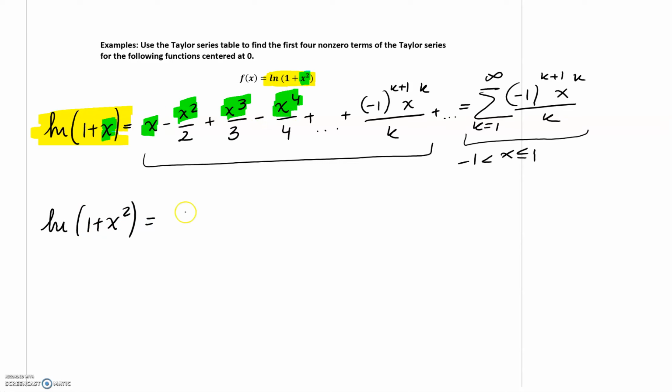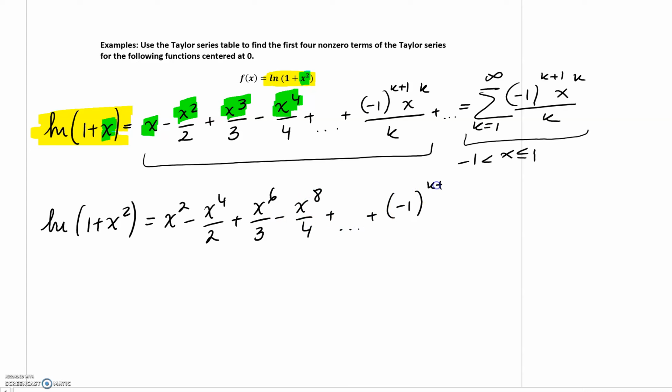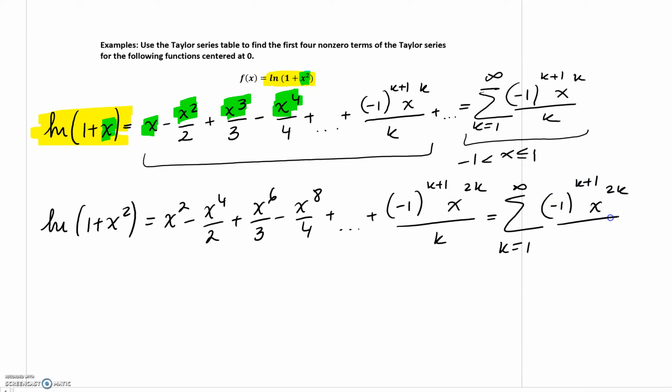So that's going to make it x squared minus x to the 4th over 2 plus x to the 6th over 3 minus x to the 8th over 4 plus and so on, which is the sum as k equals 1 to infinity of negative 1 to the k plus 1 times x to the 2k over k. So basically we got more than just 4 terms, but if I were to write exactly 4, I would just stop here.